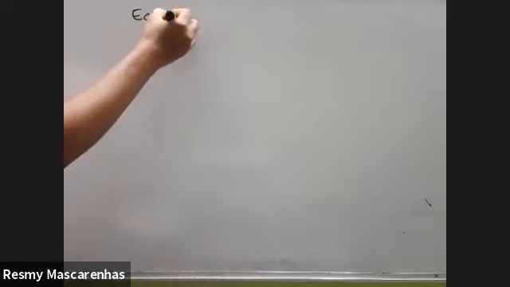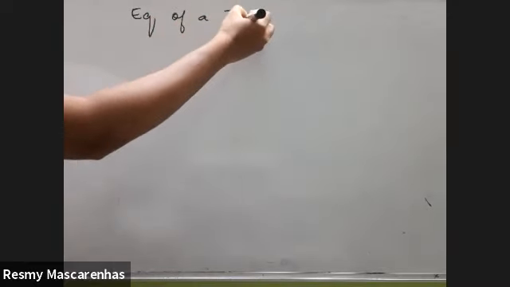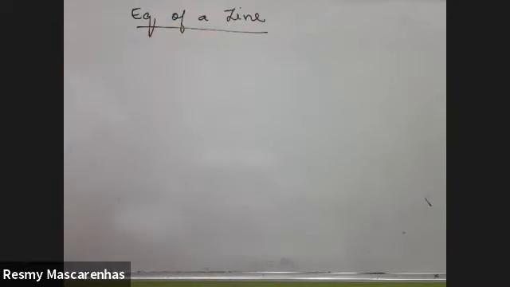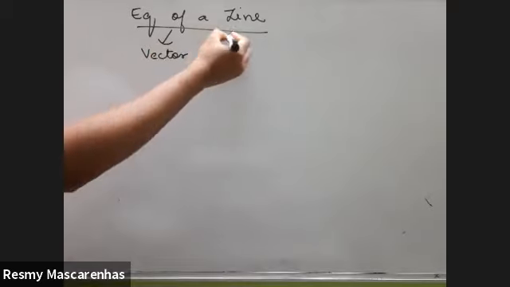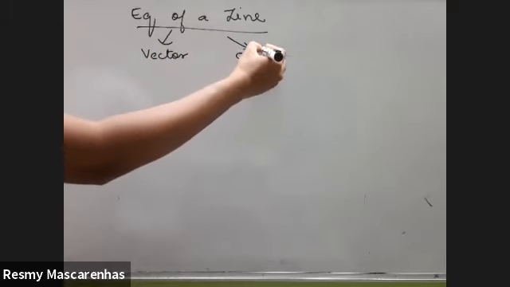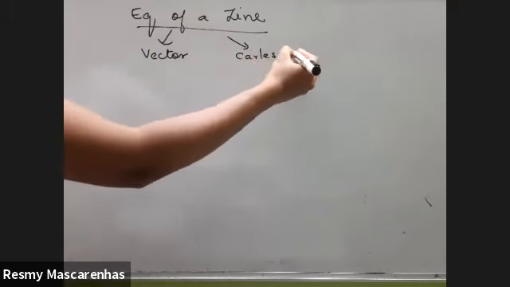In the previous class, we had seen how to find the equation of a line. There were two types: one was vector form, and the other was Cartesian form.